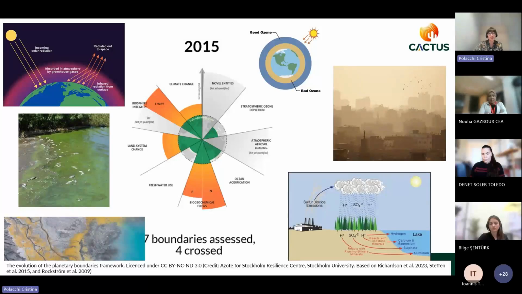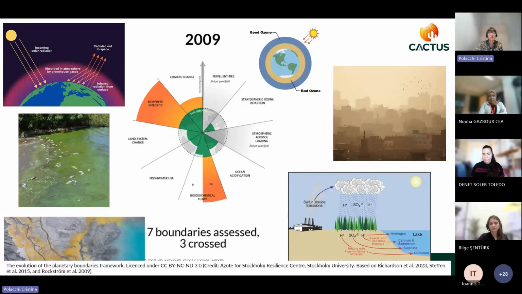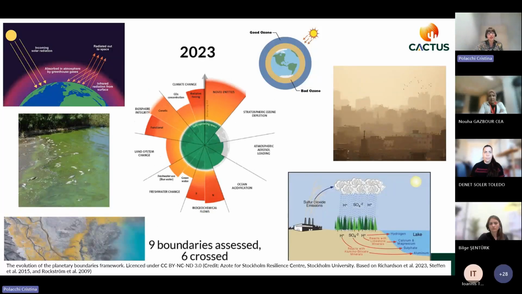And if we go forward in time, we can see that now in 2023, 9 boundaries were assessed, and 6 of them were crossed. This stresses why it is important to take into account all these different impact assessments.